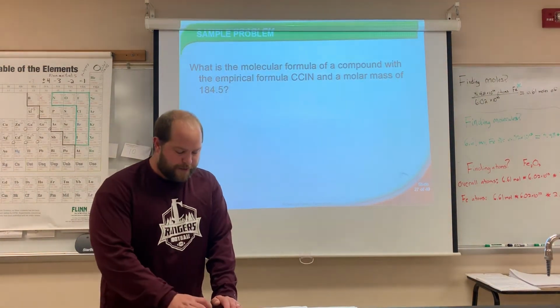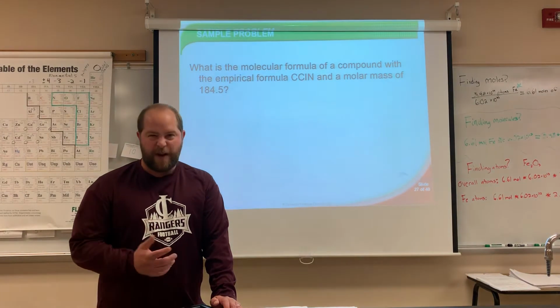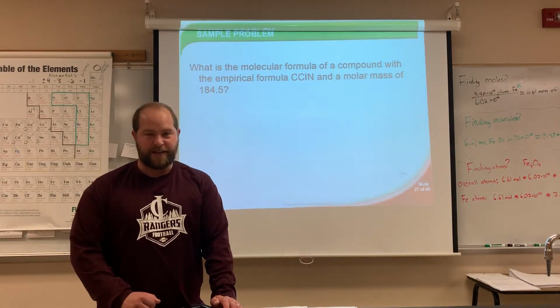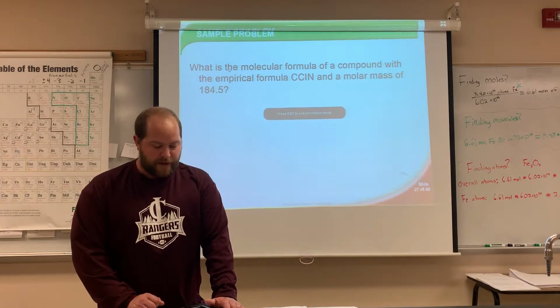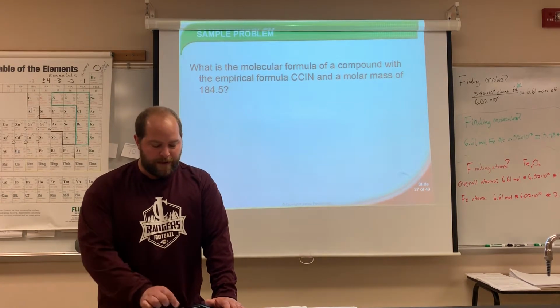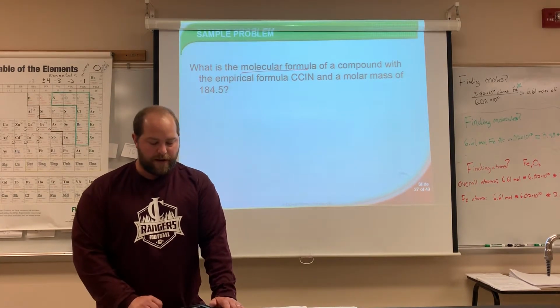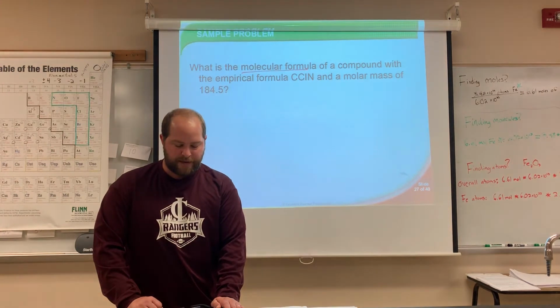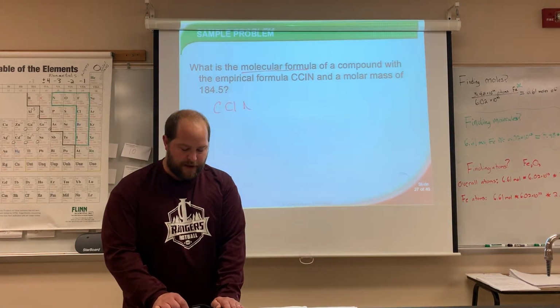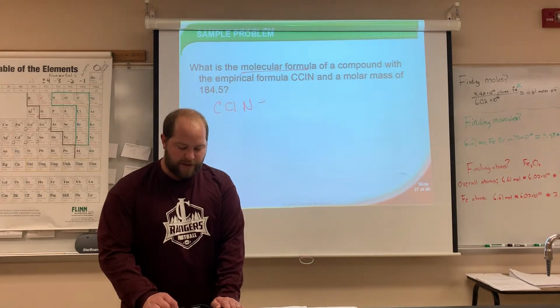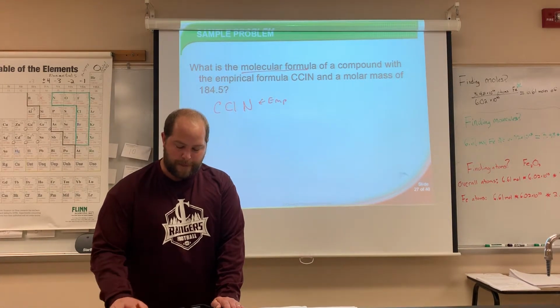So let's look at another one. I'll try to make it as simple as possible for you because now you guys know the idea. So I'm just going to do just the steps. It says, what is the molecular formula? So we're trying to find the molecular formula of a compound with the empirical formula of CClN and a molar mass of 184.5 grams. So we have CClN. That's going to be the empirical formula.